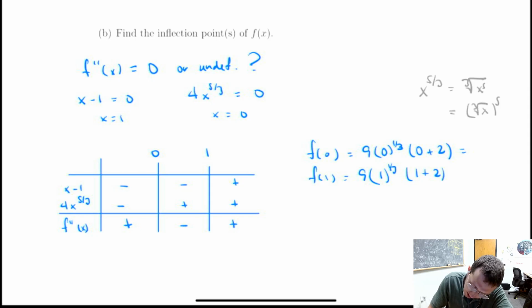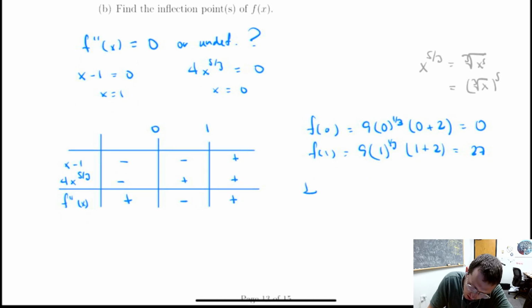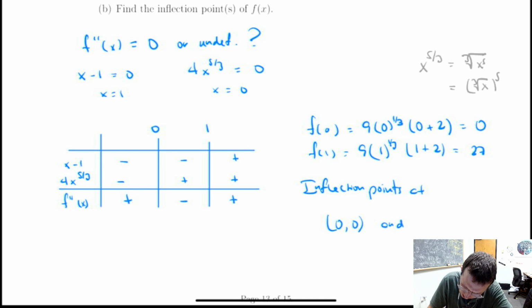I'm just plugging my x values back into the original function to find the y values, to conclude that we have inflection points at 0, 0 and 1, 27.